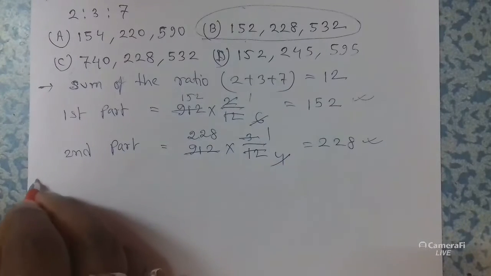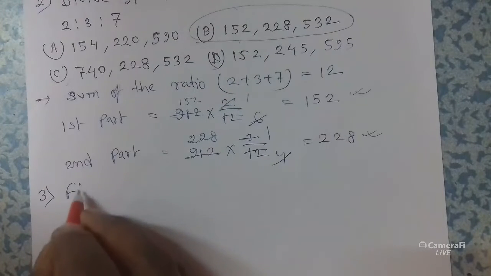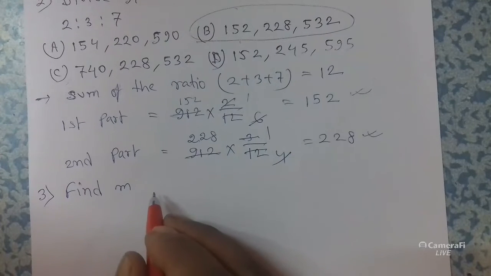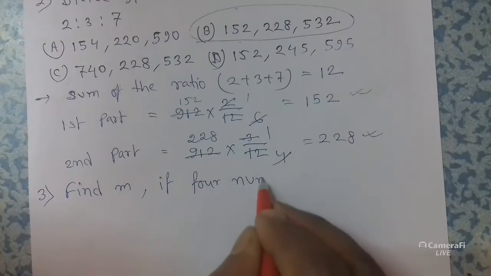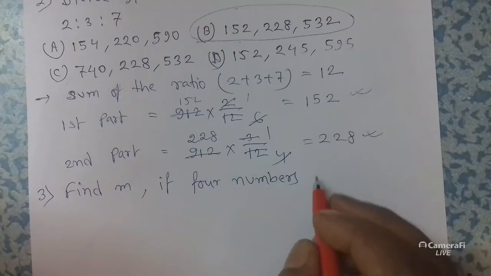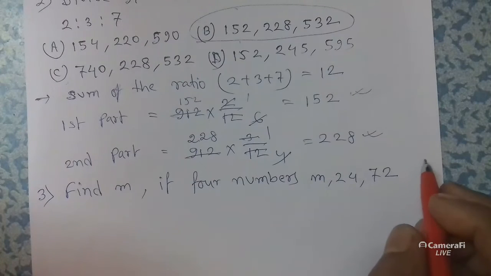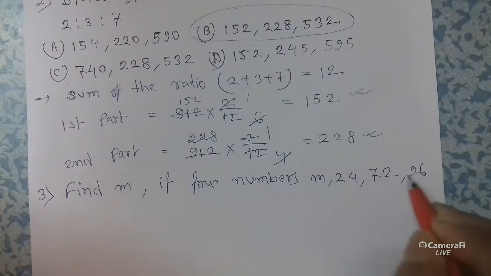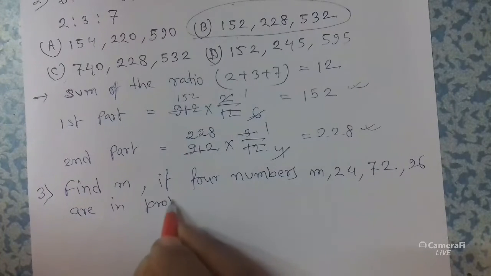Next problem. Problem number 3. Find M if four numbers M, 24, 72, 96 are in proportion.